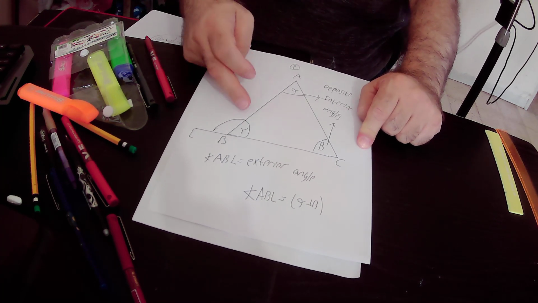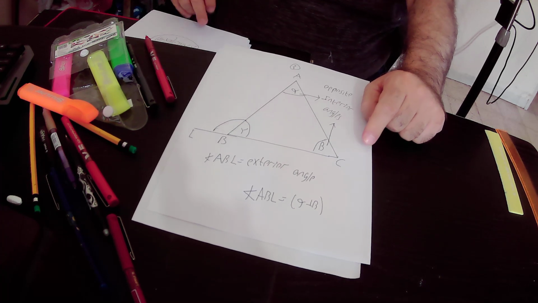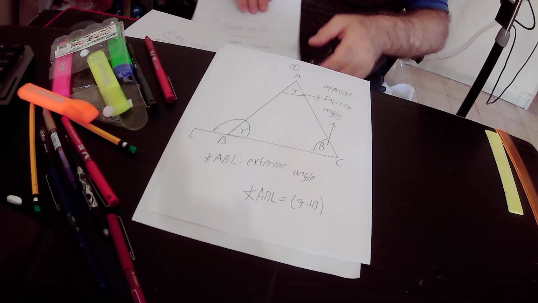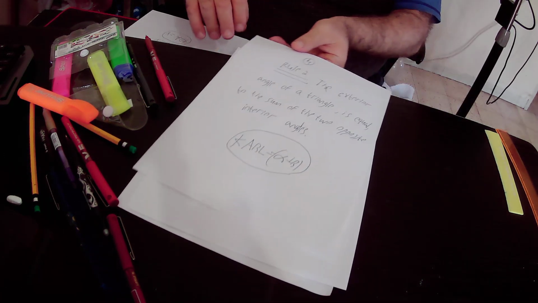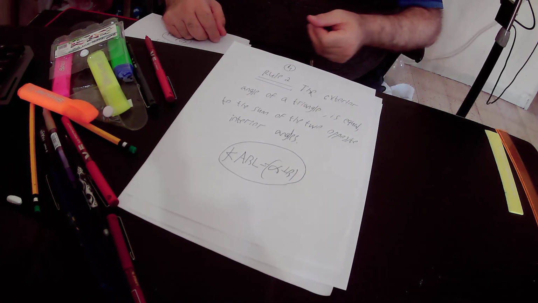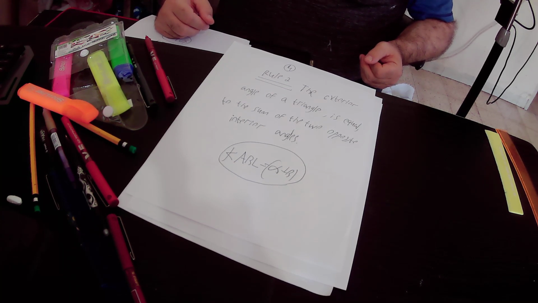And angle ABL is an exterior angle, and rule number 2 states that the exterior angle of a triangle is equal to the sum of the 2 opposite interior angles.